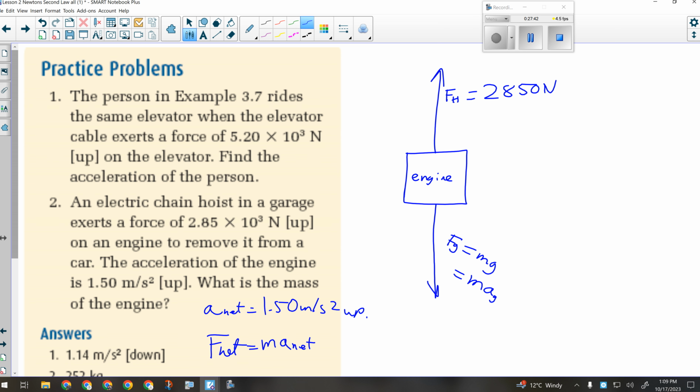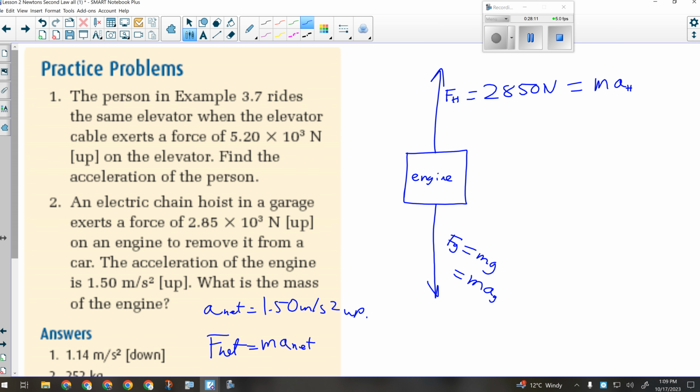Any force can be calculated by taking mass and multiplying by the acceleration that would produce. So this force in the hoist could also be mass times the acceleration that the hoist would produce if the hoist was by itself. Any formula in a Newton's second law problem can be calculated by taking mass and multiplying by acceleration if you know it.